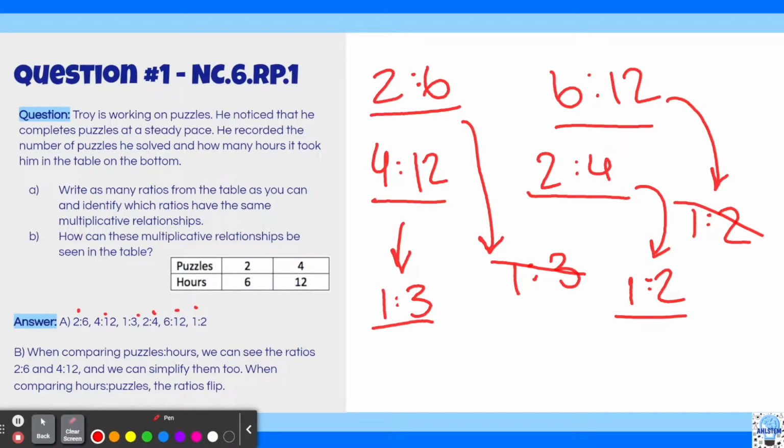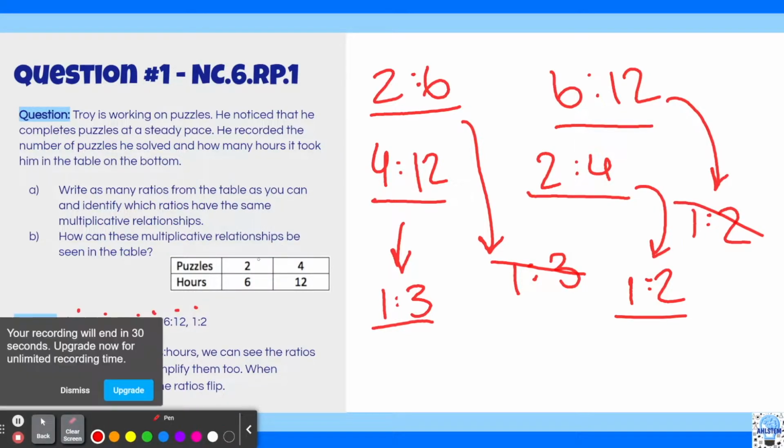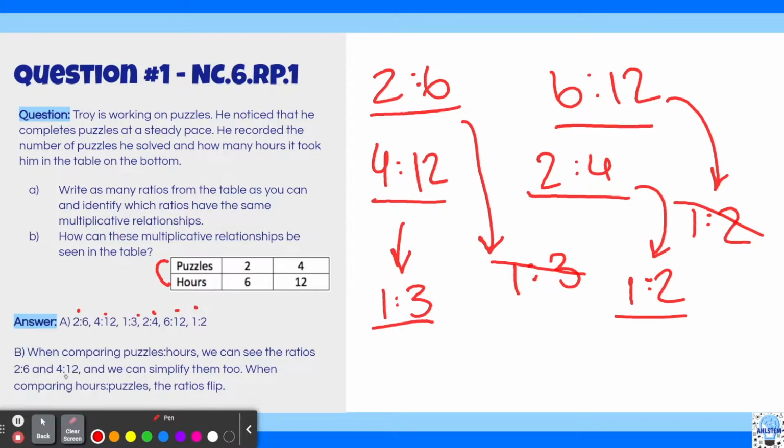So the puzzle section has 2 and 4. And the hours section has 6 and 12. Basically, because these are in separate sections, we can compare the sections to each other, and we can also compare them to themselves. Essentially, puzzles to hours, we can see 2 to 6, and hours to puzzles, we can see 6 to 2. And the same thing with 4 to 12.